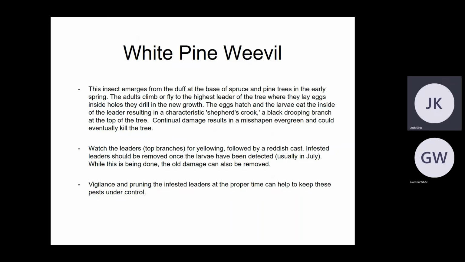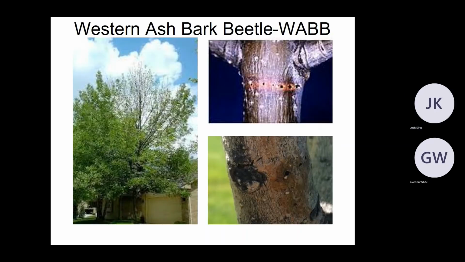White pine. Western ash bark beetle. Now there is another type of bark beetle in our area that has a different feeding pattern. I'll talk about it after this one. This is, I would say, a moderately serious pest.